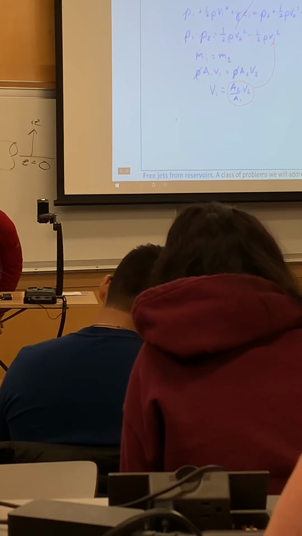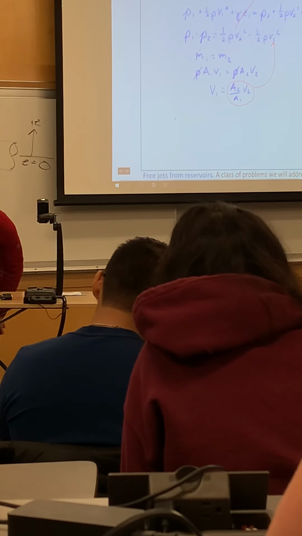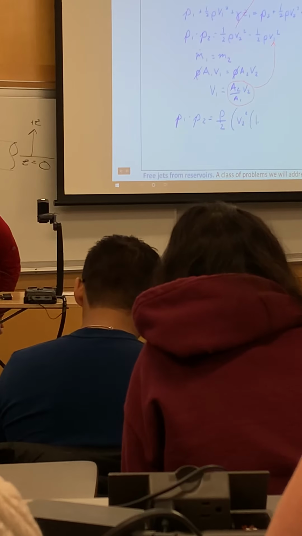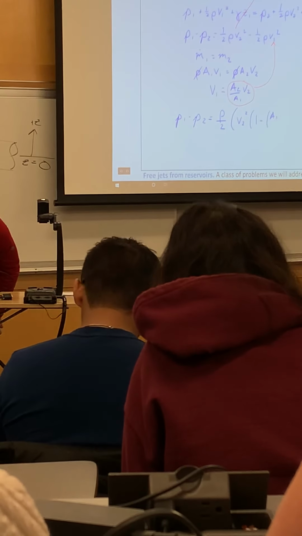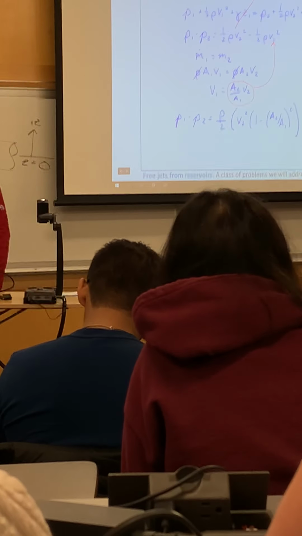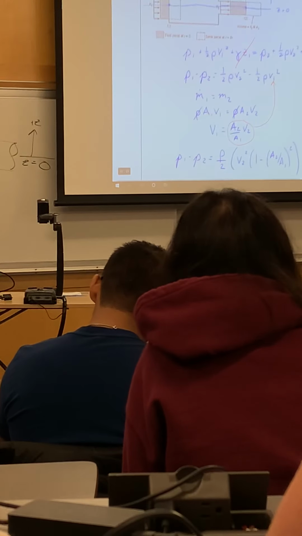Okay, so from here on it just becomes substitution, and you can work up an expression that looks like this, and simplify a little bit. So that's what this equation simplifies to.